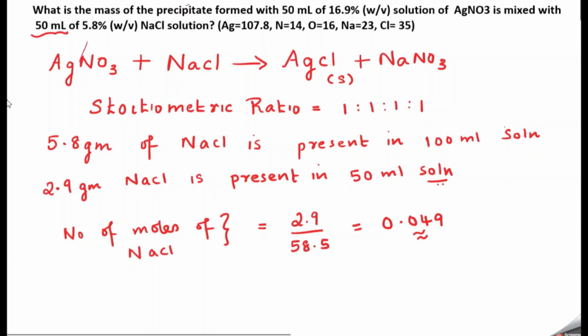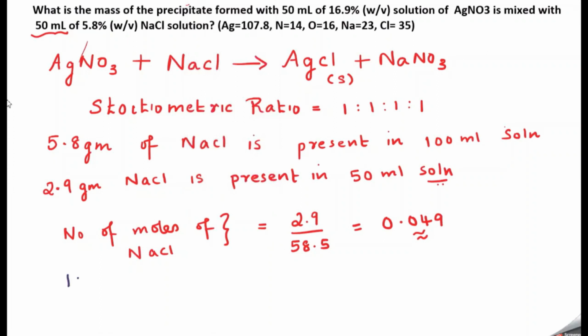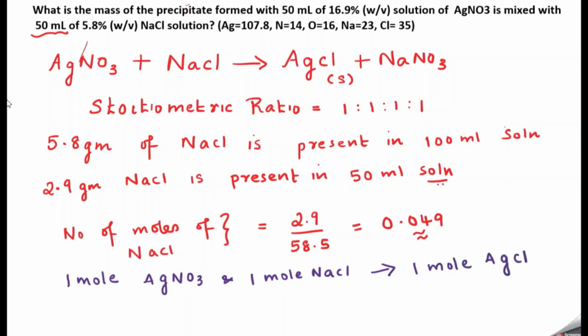I will write it in another color so that you get a fair understanding. 1 mole AgNO3 and 1 mole NaCl can produce 1 mole AgCl.